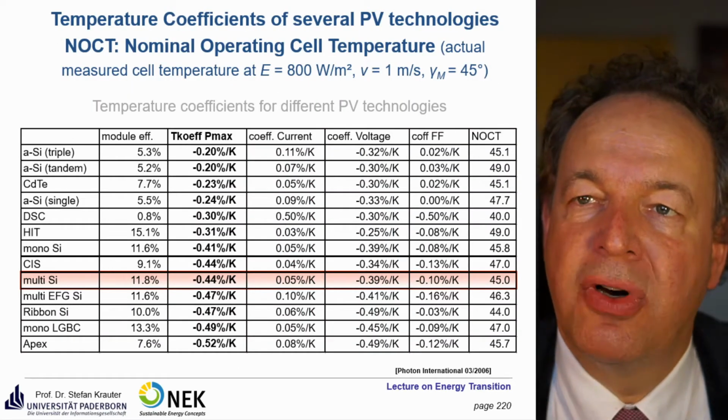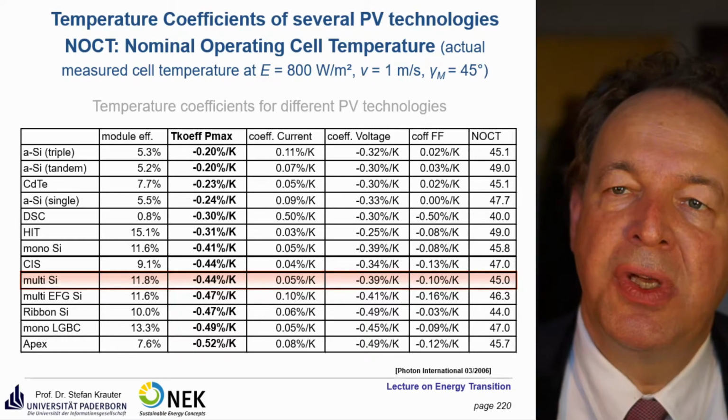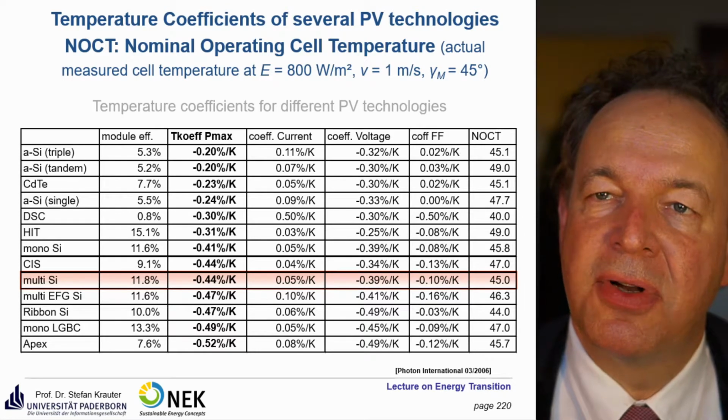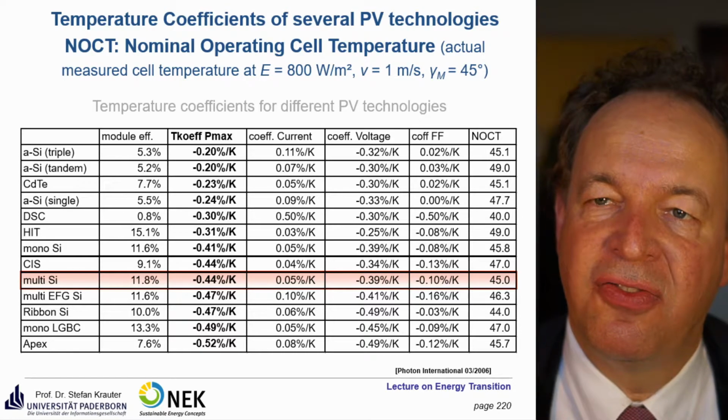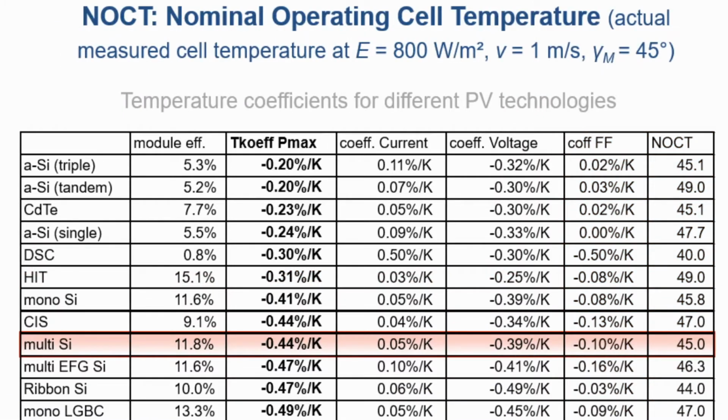Here are the temperature coefficients for several photovoltaic technologies. So here what we saw, the characteristics before had been a multicrystalline solar cell, so module efficiency of 11.8%. Nowadays they are usually much higher. And the temperature coefficient for the power output was minus 0.44% per Kelvin, negative.